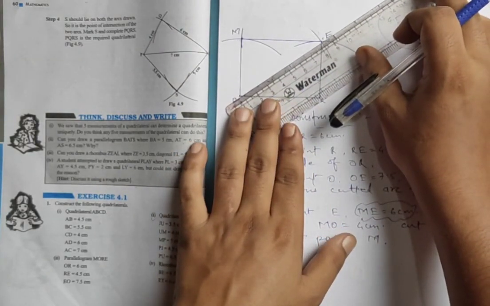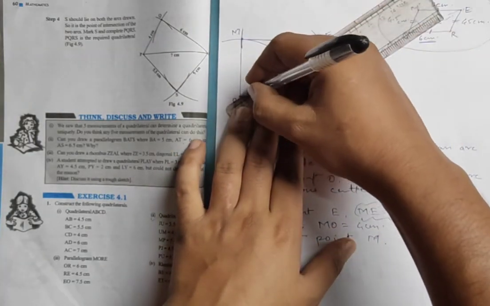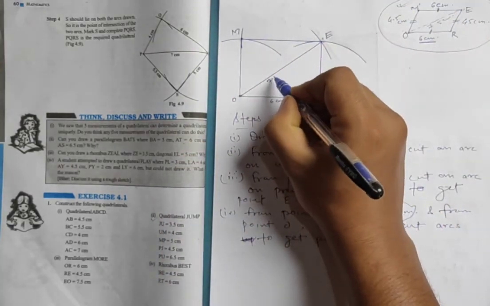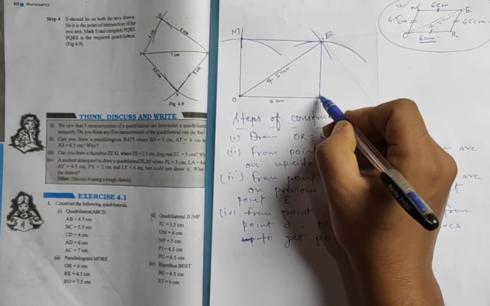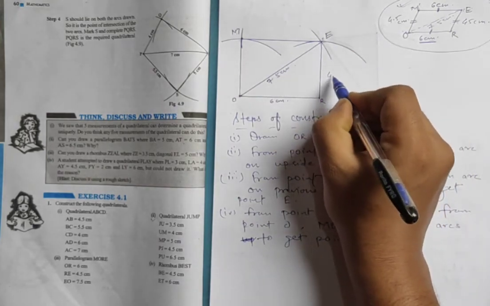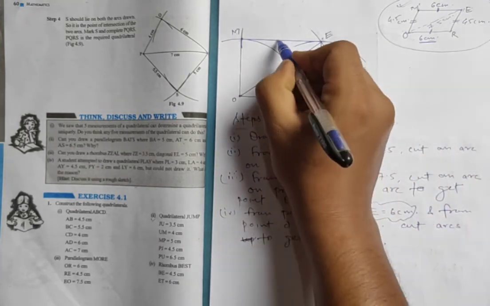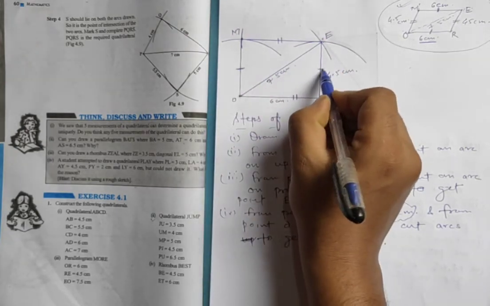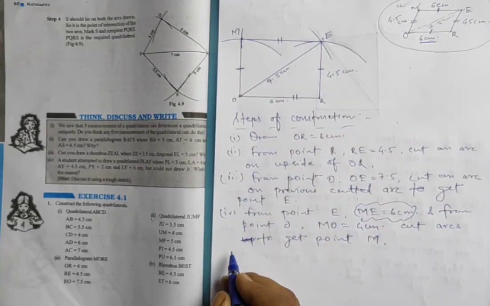And lastly we have to match one more thing, O to E, because EO is given there as 7.5 centimeter and RE equal to 4.5 centimeter, which are given. So these two sides are equal, of 6 centimeter, and this side is equal to 4.5 centimeter.